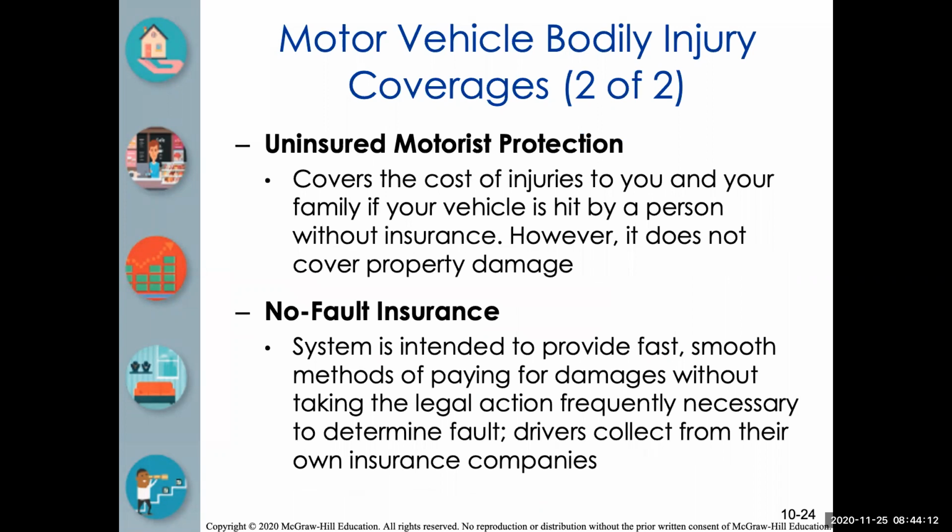Again, additional bodily injury coverage that you can have applicable to your vehicle policy. If you get injured by a vehicle that doesn't have insurance, you have uninsured motorist protection. But that doesn't cover the property damage. It only covers the cost of injuries to you or your family if you get hit by a person who doesn't have insurance.